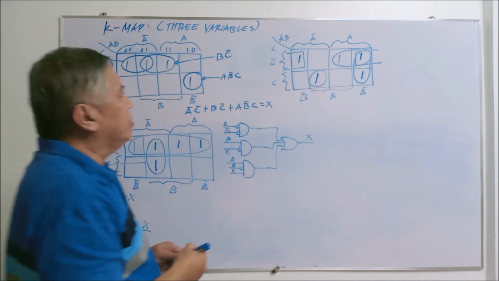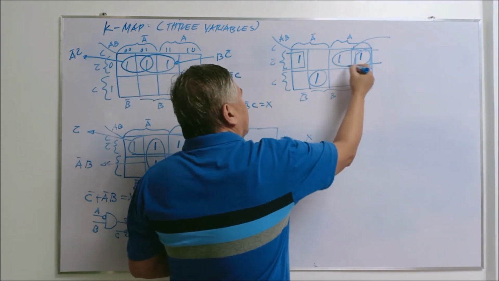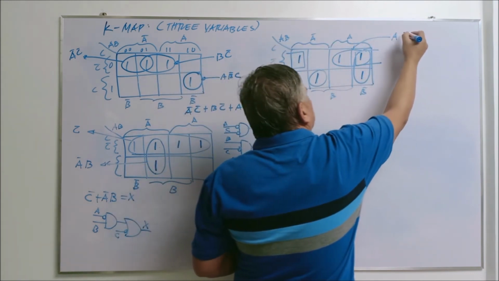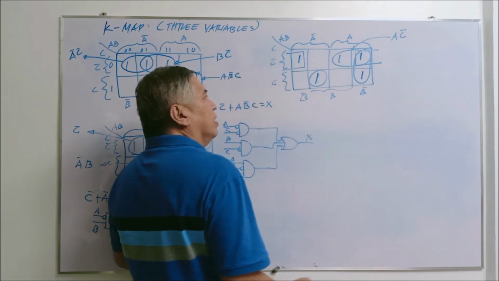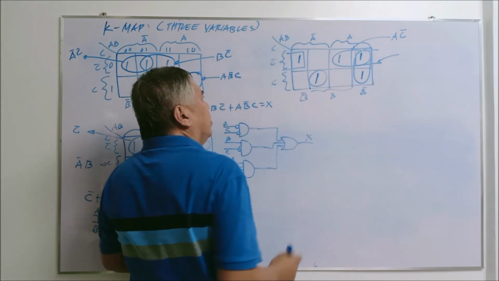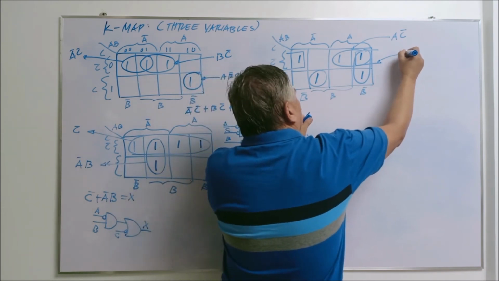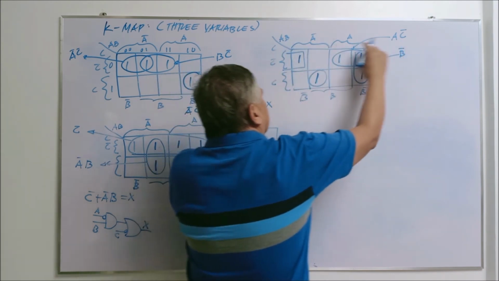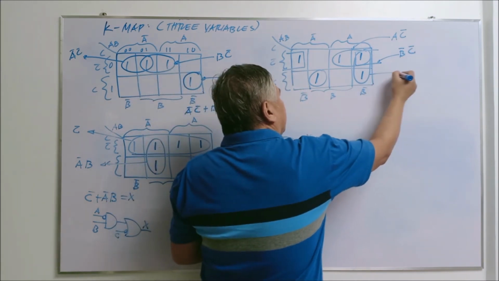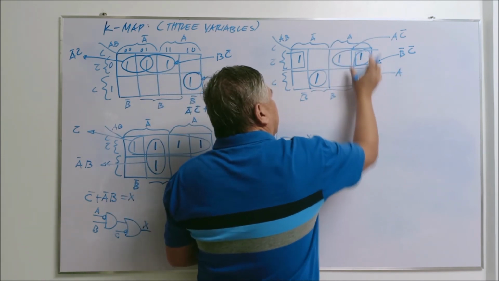So what will be our equation? This group belongs to A and at the same time belongs to C bar. And this one and this one belong to B bar and C bar, and then this group here belongs to A and B bar.